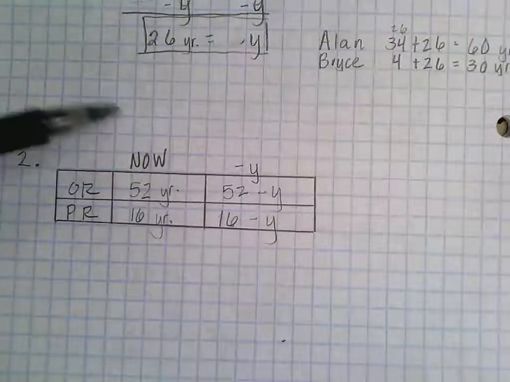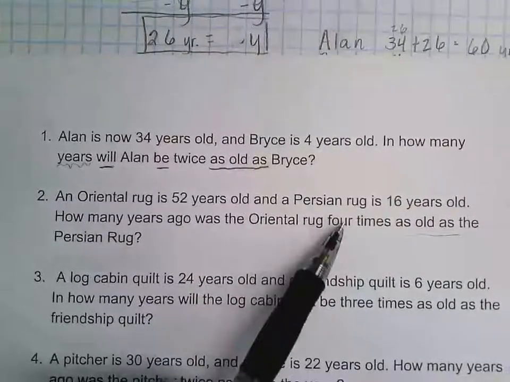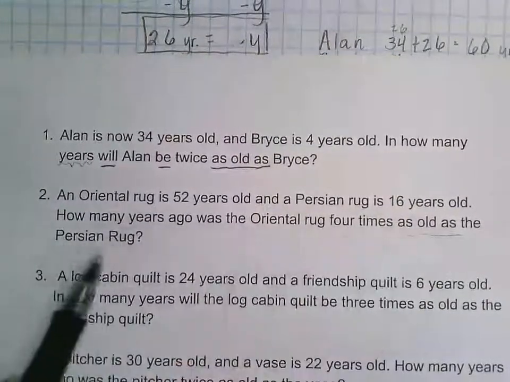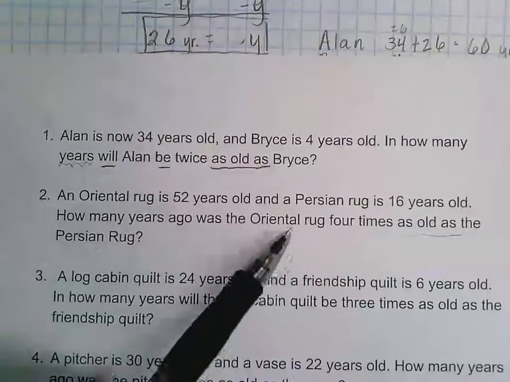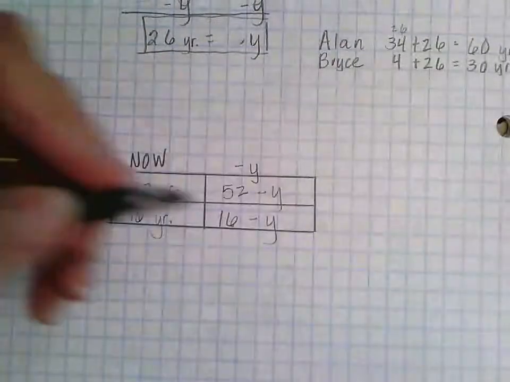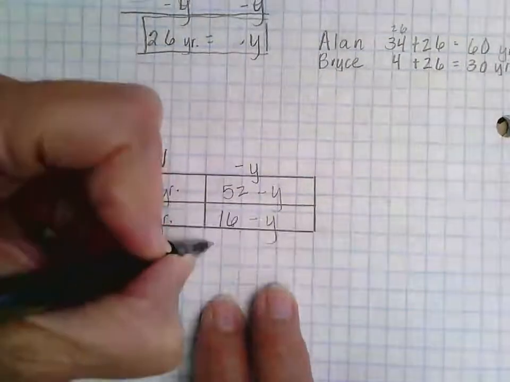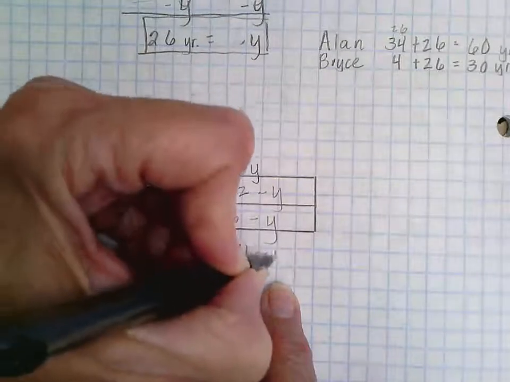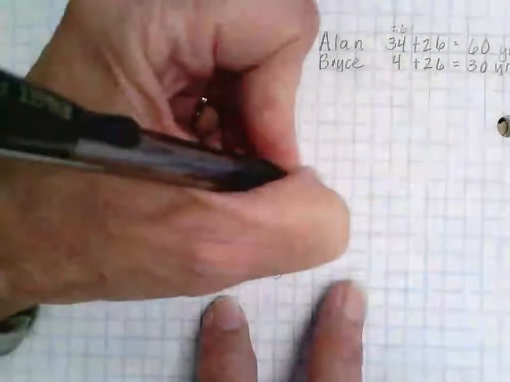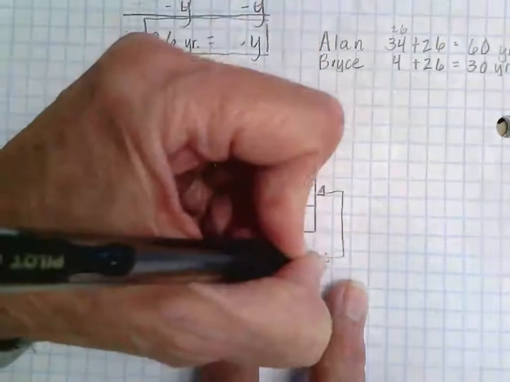And then when we look at this, the Oriental rug is going to be 4 times as old as the Persian rug. So we're going to need to multiply the Persian rug by 4 to get the age of the Oriental rug. So I'm going to take my value for the Persian rug and multiply it by 4. And then I'm going to set these two equations equal to each other.